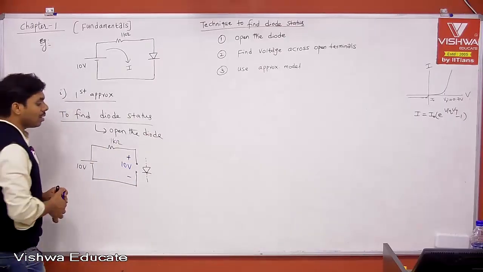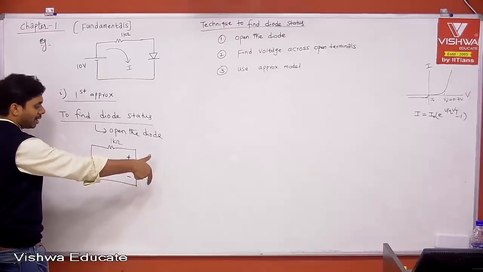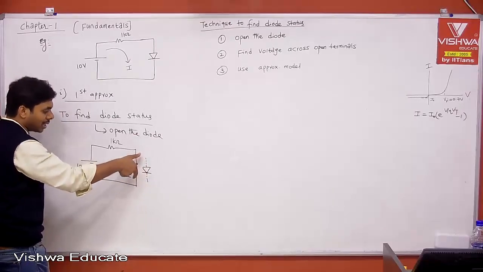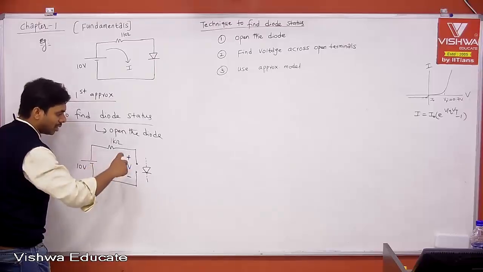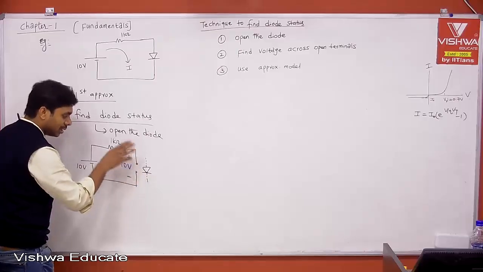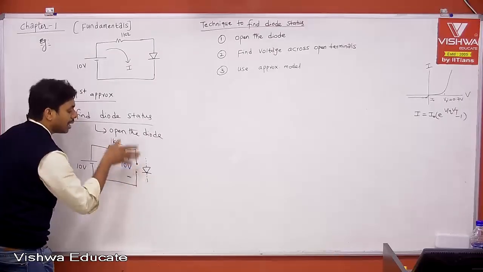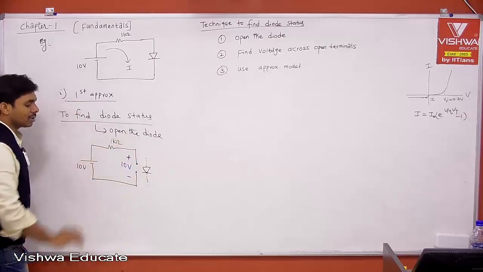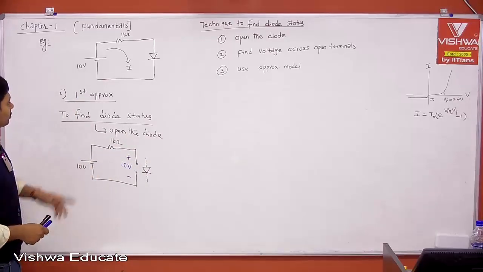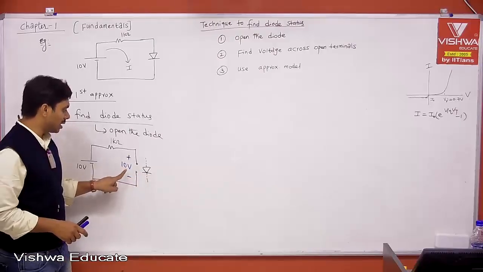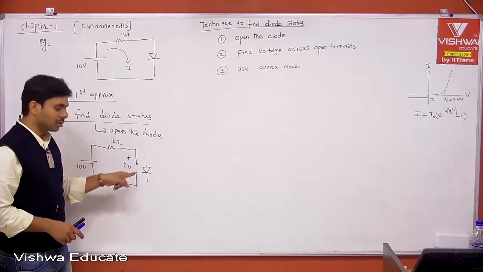Then tell me, now bring back your diode and connect the diode. When diode is not connected, it was having 10 volts. The moment you connect the diode, it is seeing the voltage of 10 volts. Therefore, it needs only the voltage, and the remaining voltage will be given to the resistor. And we know that using first approximation, if the voltage across the PN junction diode is greater than 0, short it, right?